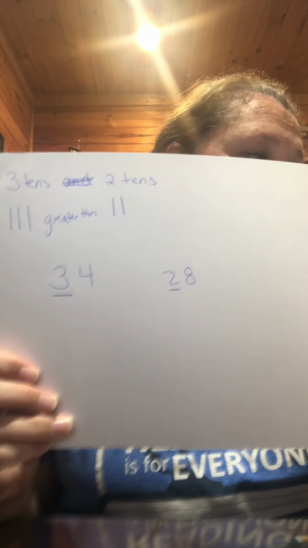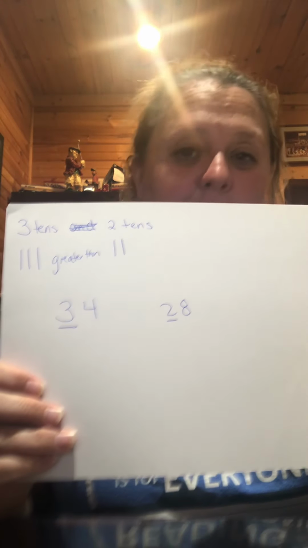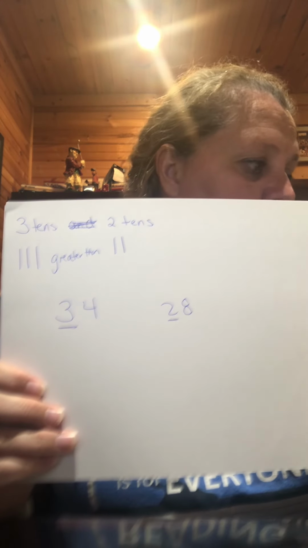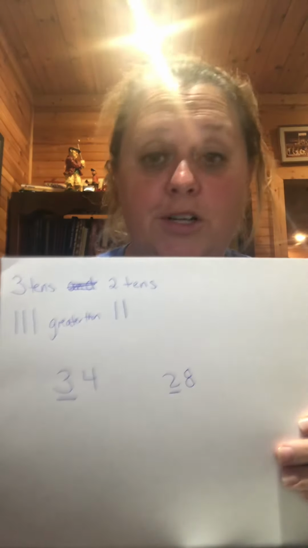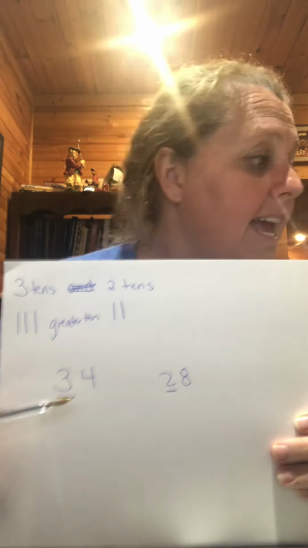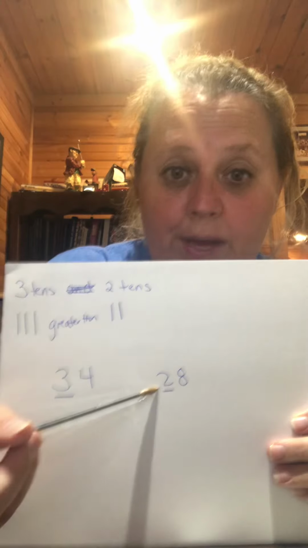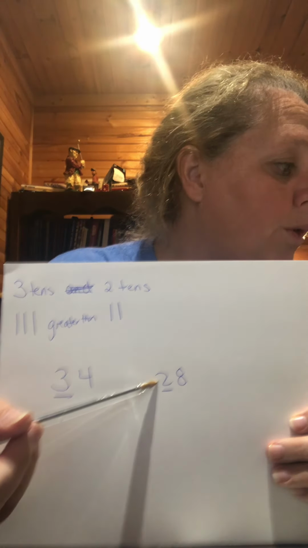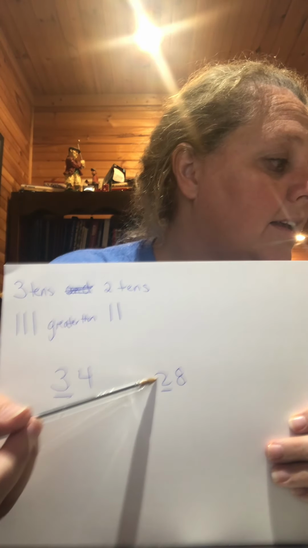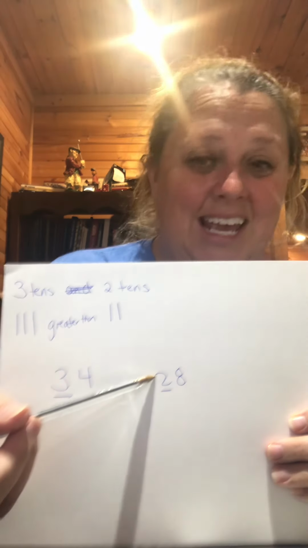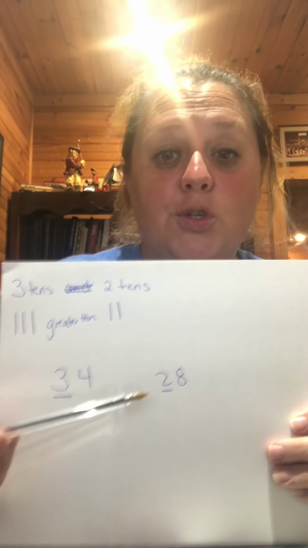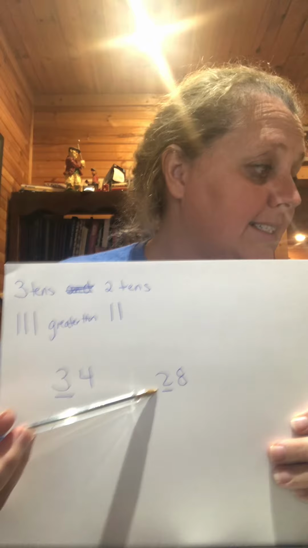Why do we look at the tens place first when we compare two numbers? Why do you think that is? The digit 3 in 34 stands for 30. And the digit 2 in 28 stands for what? 20. 30 is greater than 20, right?